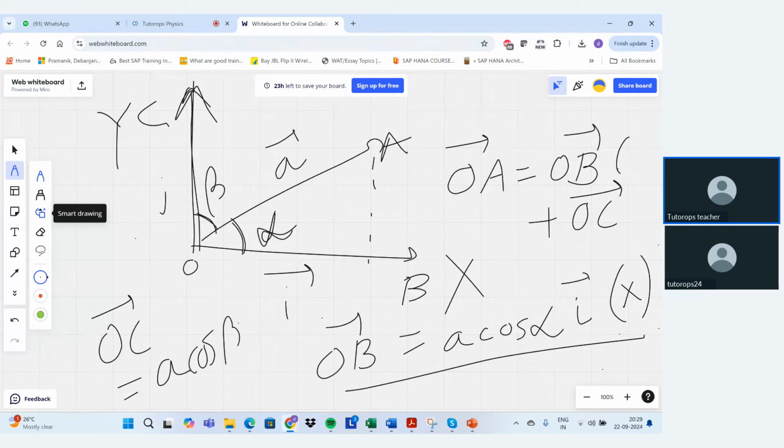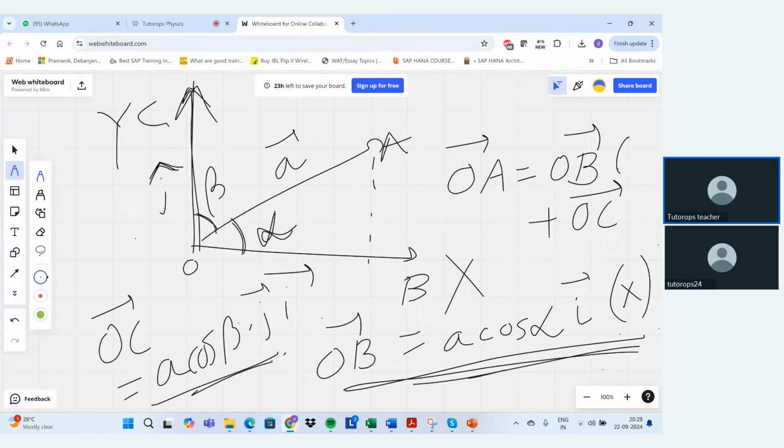So this will be A cos beta, and this is towards y, so the unit vector is j. So these are the projection concepts. Don't be afraid. Projection means purely the components aligned to their unit vectors.